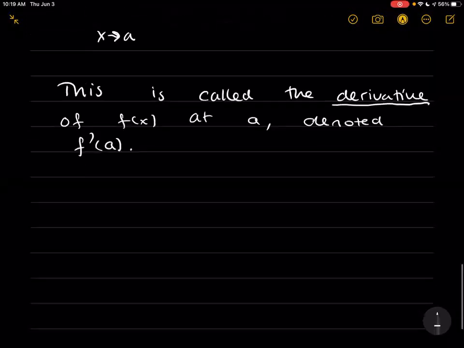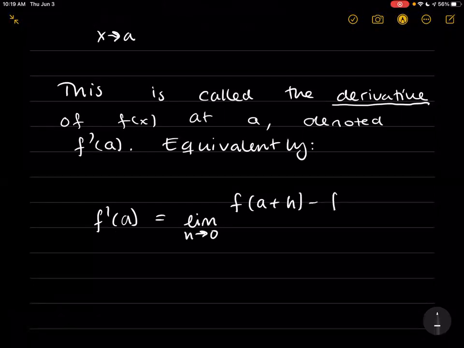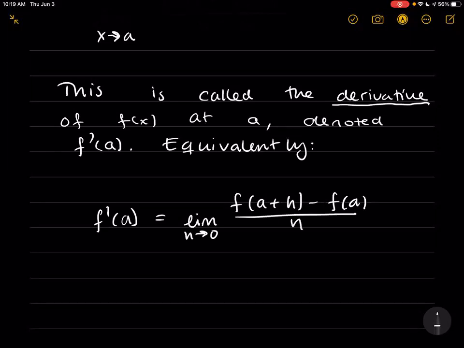Equivalently, there's a sort of a second definition of the derivative of f of x at a point. This one's actually a little bit more common, but it's a little more mysterious as to where it comes from. You can get between them using kind of like a substitution. But most people use this formulation. So it's the limit as h goes to 0 of f of a plus h minus f of a over h.